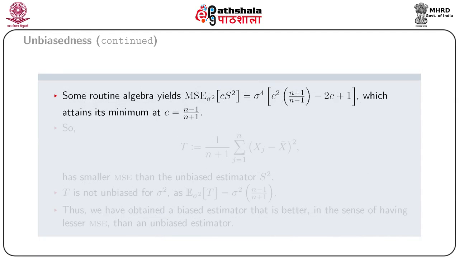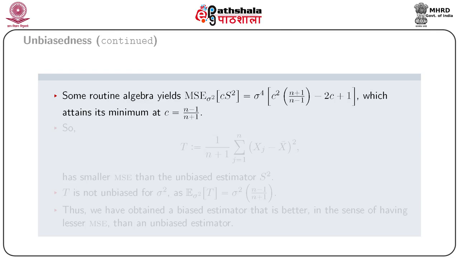Thus we get MSE of cS square equals sigma to the power 4 times [c square (n plus 1) by (n minus 1) minus 2c plus 1]. Let us write the function as h(c), which is a continuous function of c.